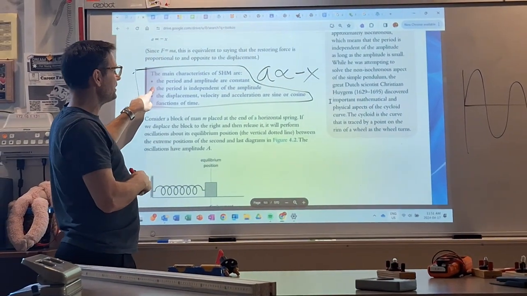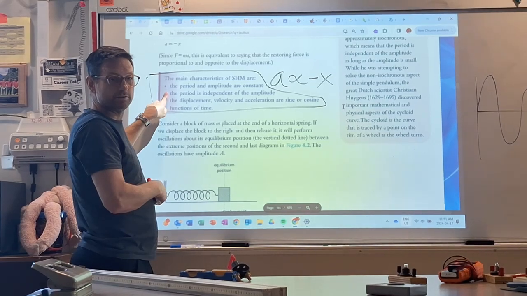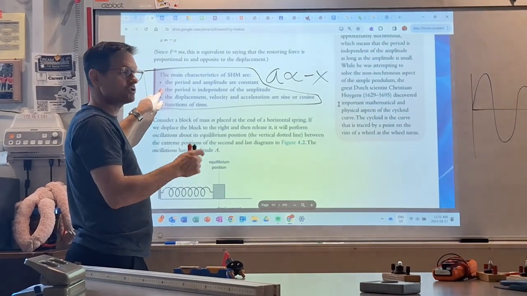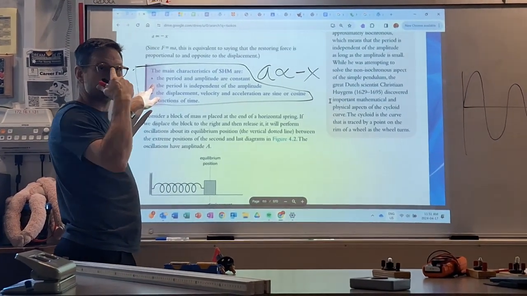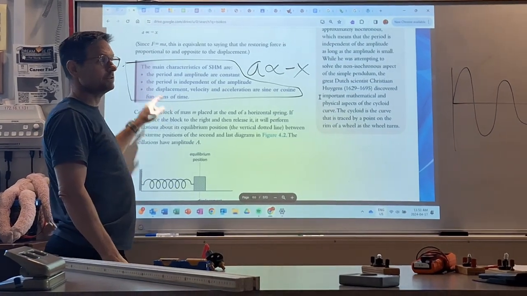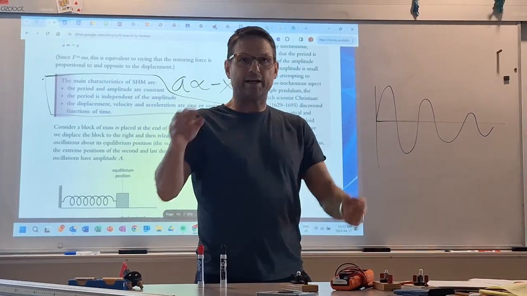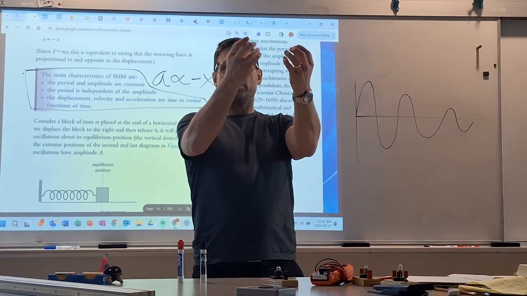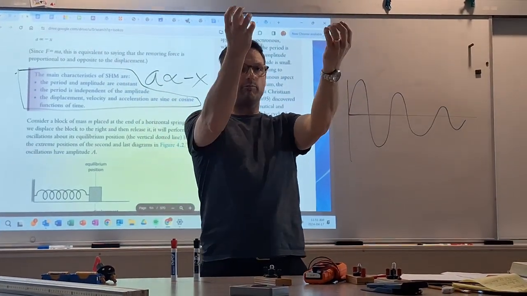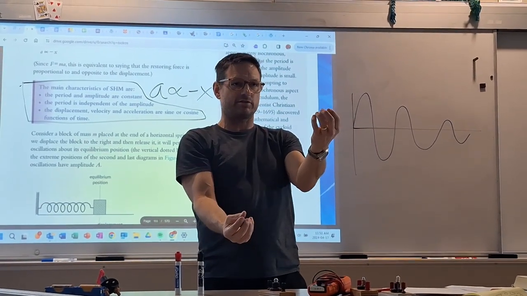The period has to be independent of the amplitude. I should show you this, but we don't have time. But if I had a bunch of springs with mass all at the same height, and I pull them down different distances.